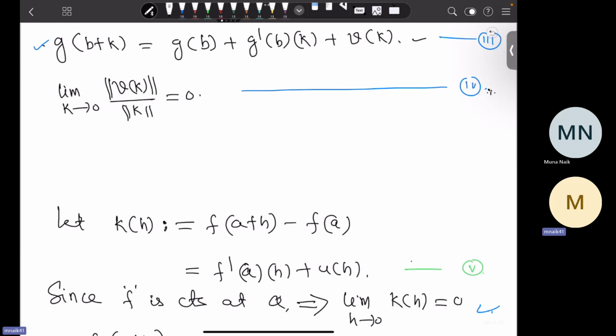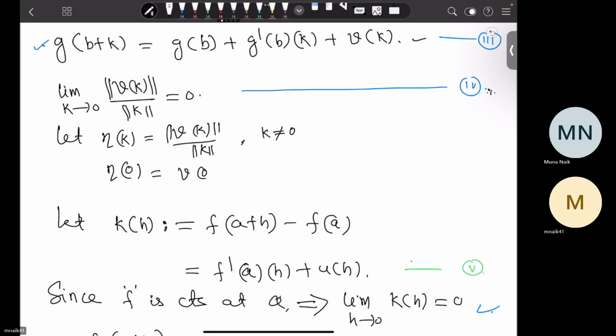So what you do actually, you can define eta k as norm of vk by norm of k when k is not equal to 0, and eta of 0 is equal to 0.